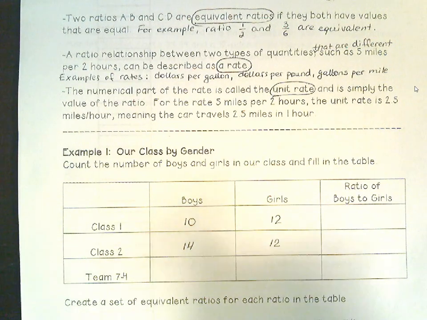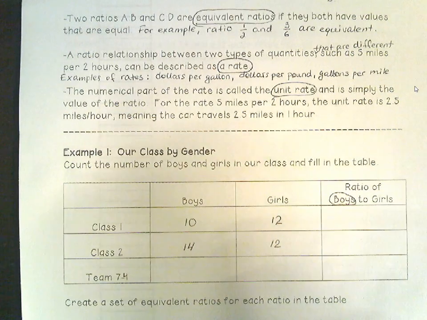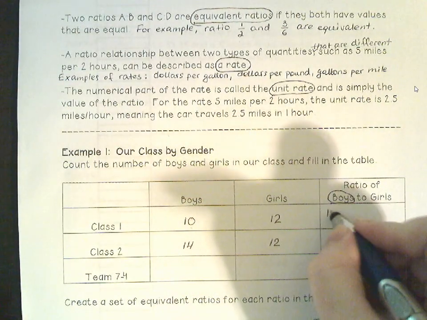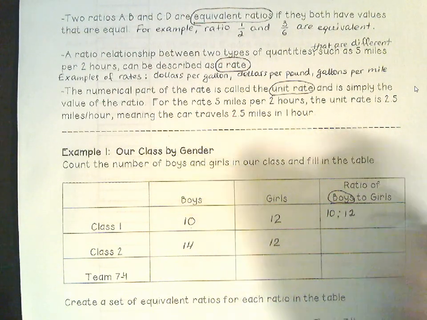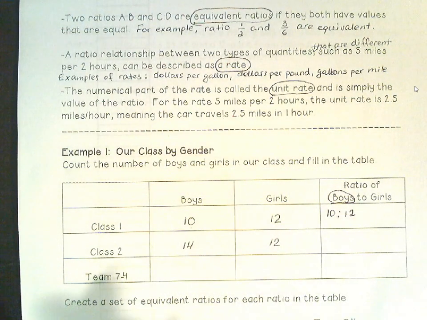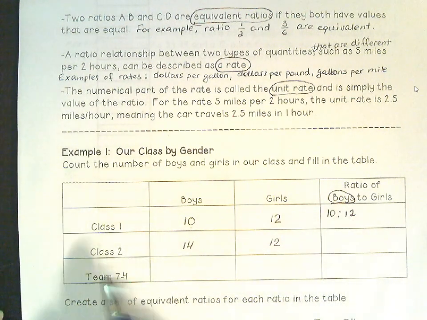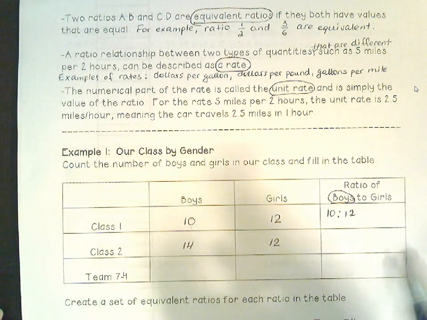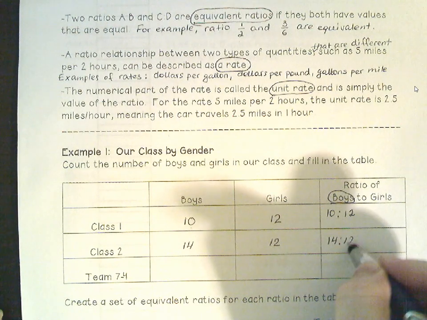The word boys is first in here, so the number that represents boys is going to come first. So it's 10 to 12. Girls, there are 12. So the ratio of boys to girls is 10 to 12. In class 2, the ratio of boys to girls, boys will come first, so it will be 14 to 12.